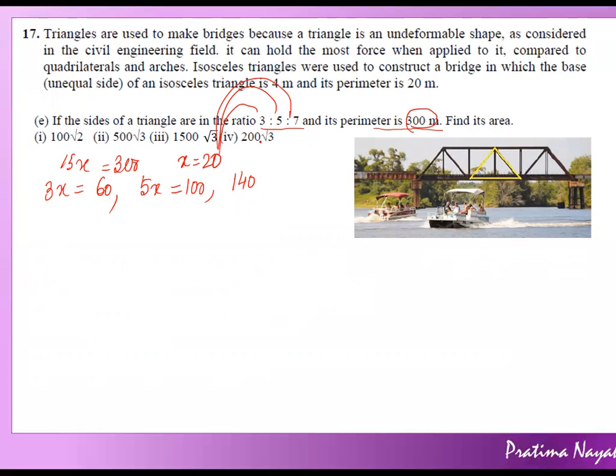Then s is 300 by 2, that will be 150. Now put in the formula.